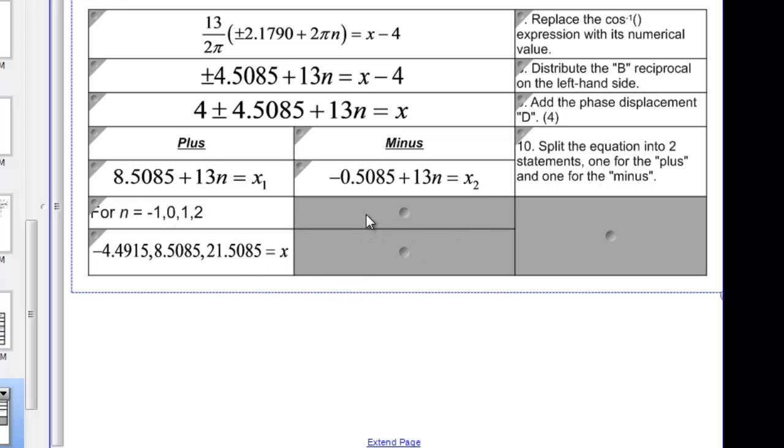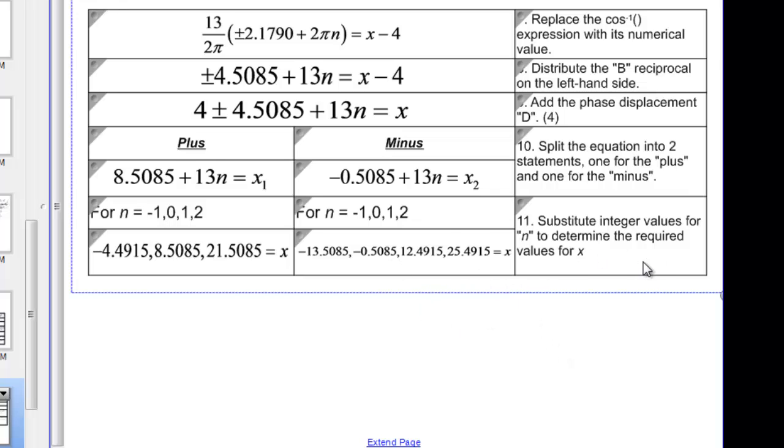If I choose these values for n on the minus expression, I end up with the values of negative 13.5085, negative 0.5085, 12.4915, and 25.4915.